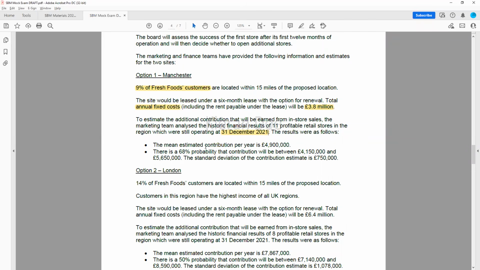The mean estimated contribution per year is this. So revenue minus variable costs are this. So it says they've got this data. So to estimate the additional contribution that would be earned from selling in the store, because we know the fixed costs, we need to know the contribution, the revenue minus the variable costs. So we're told that the additional contribution that would be earned from selling some goods in this store is going to be set up.